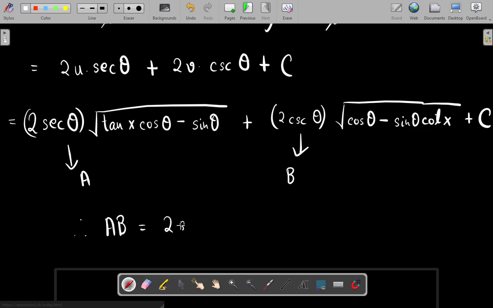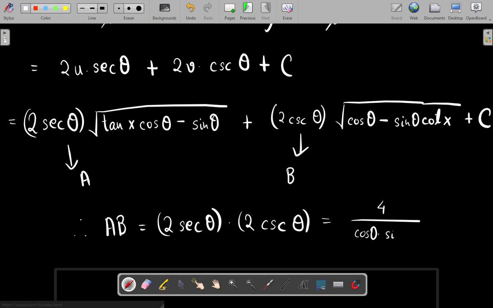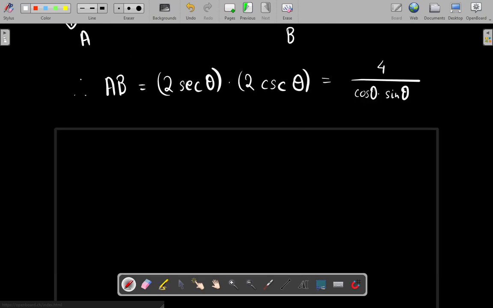So this becomes 2 sec theta times 2 cosec theta, so this becomes 4 times sec theta is just 1 upon cos theta here, and cosec theta is just 1 upon sine theta here. So this becomes 4 upon cos theta sin theta.